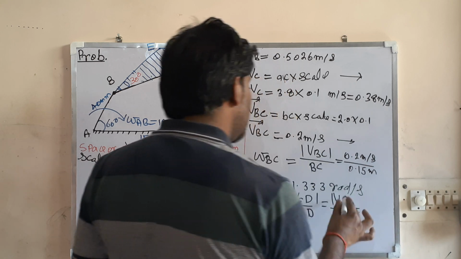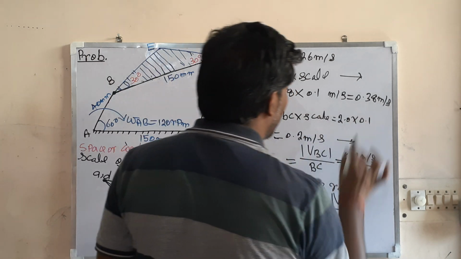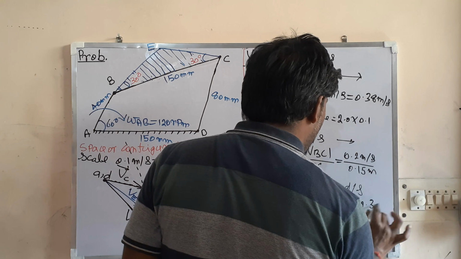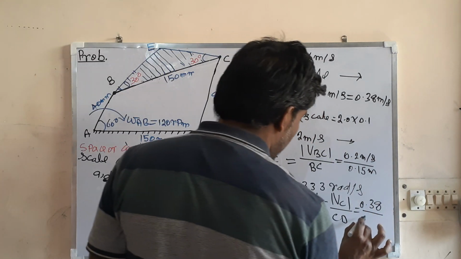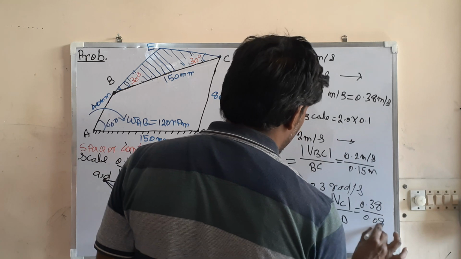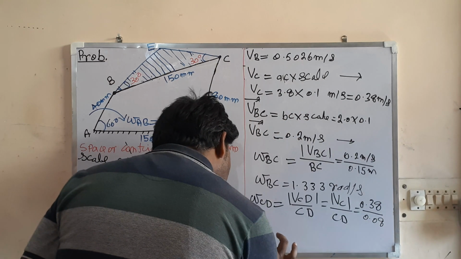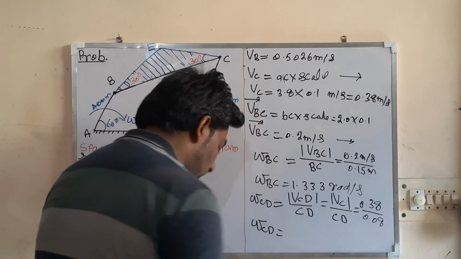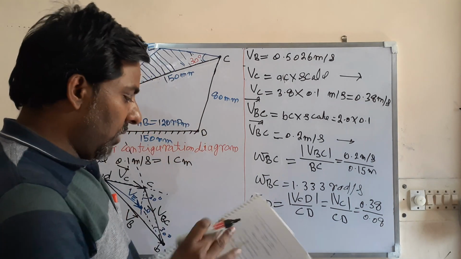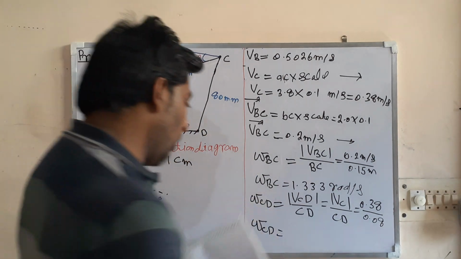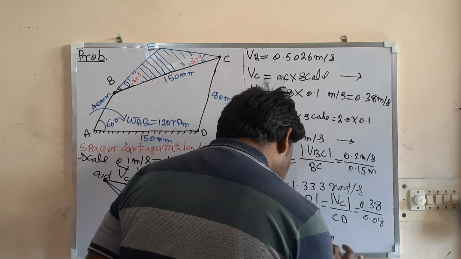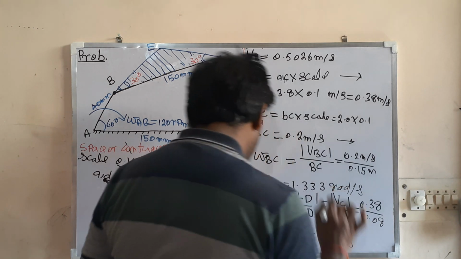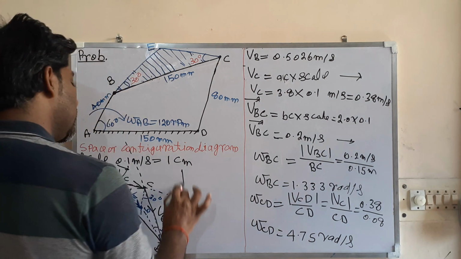Already you have calculated that, so this is 0.38 divided by CD. 80 mm should be 0.08 meter. So you are getting omega CD is equal to 4.75 radian per second.